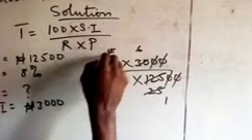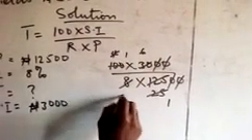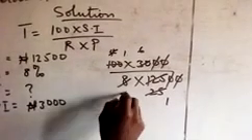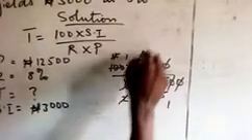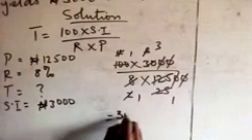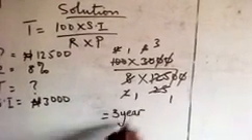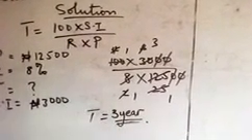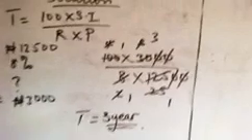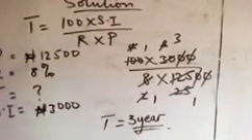Okay, 4 here will give us 1, 4 here will give us 2, right? 2 here will give us 1, 2 here will give us 3. So our answer here is 3 years. Remember, we are looking for time, and your time is always in years.